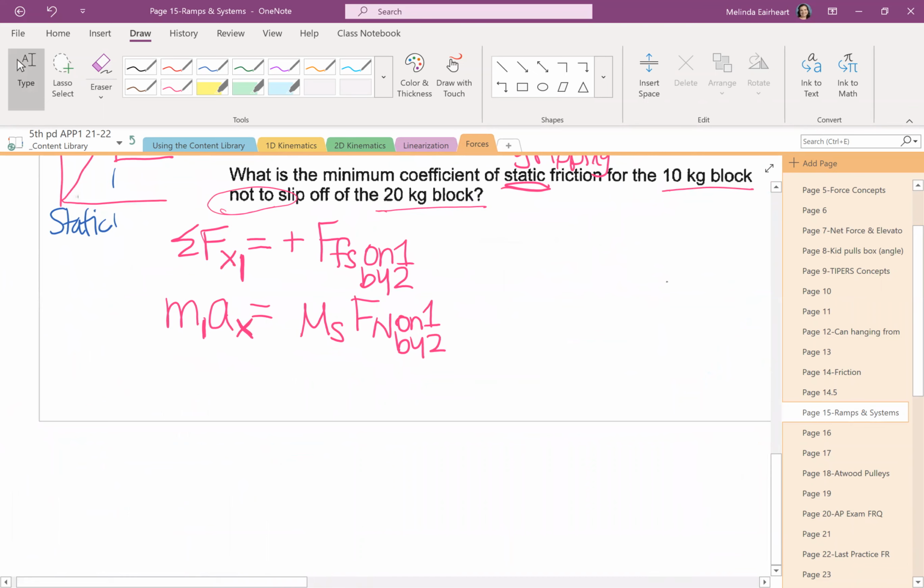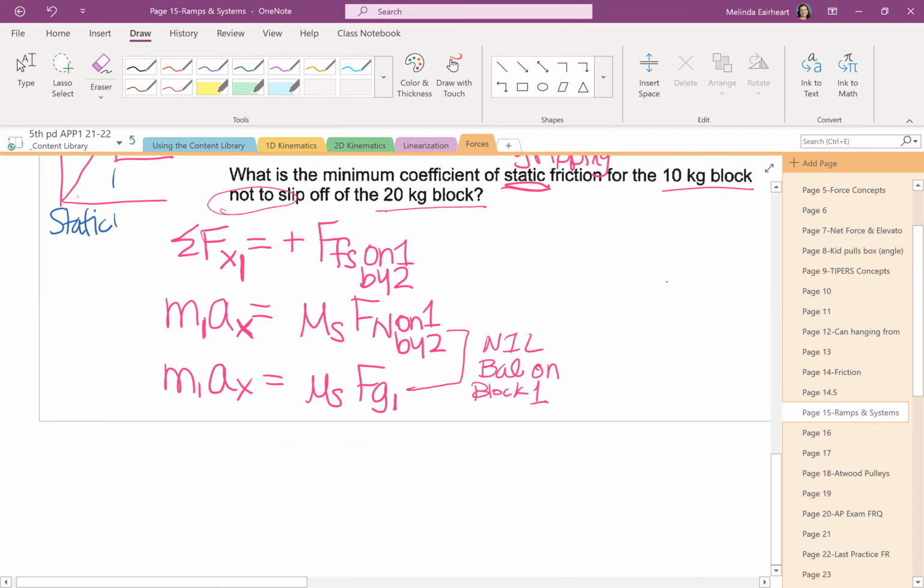Well, we said earlier, this helped balance Fg1. And so we can plug in Fg1 for that normal force, bring everything else down. And so these two are equal because of Newton's first law, they balanced on block 1.